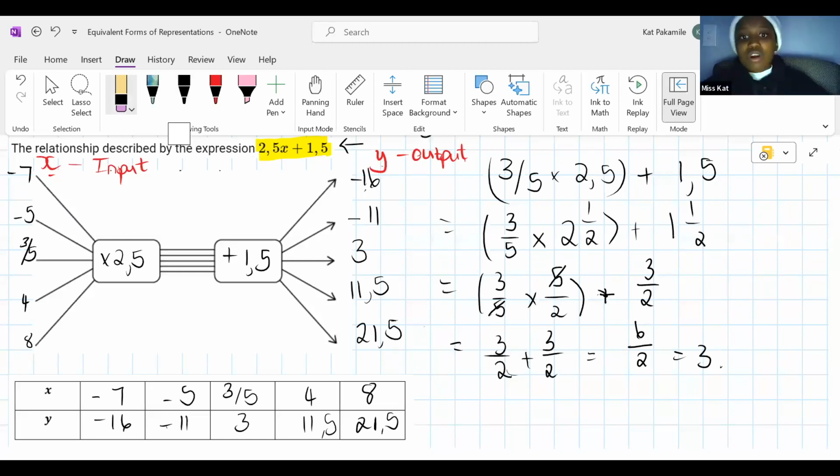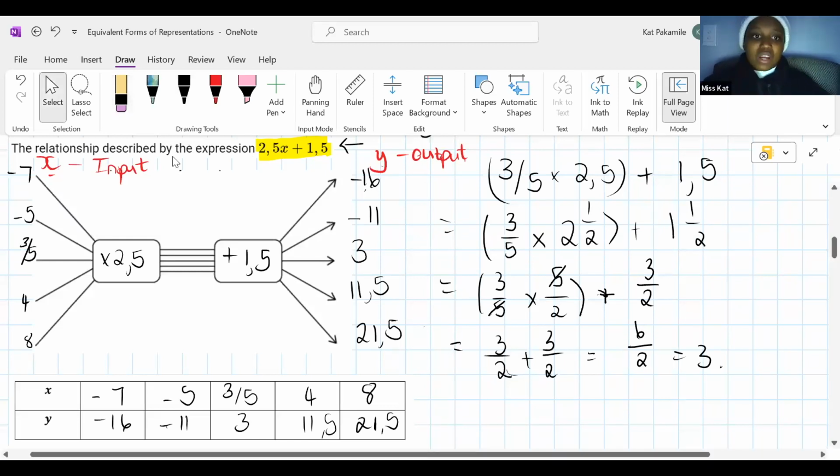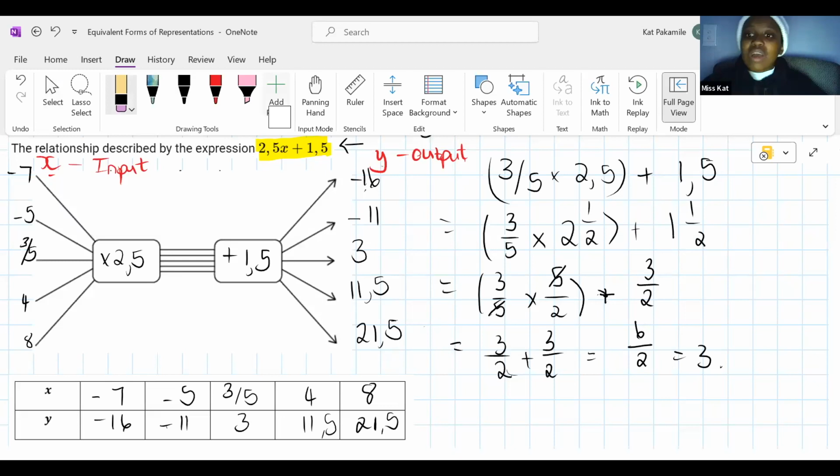We have to perfect these types, because after this, all we will be doing is turning these into graphs. So there are 4 forms of representation. That is an expression or equation, a flow diagram, a table, and a graph. So you guys did all 3 in one go. How do we feel about that?